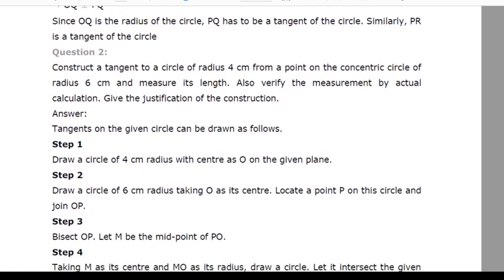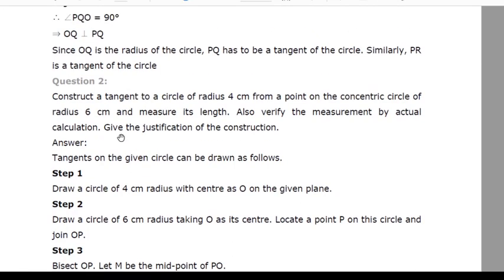Now question number 2. Construct a tangent to a circle of radius 4 cm from a point on a concentric circle of radius 6 cm. Measure its length.